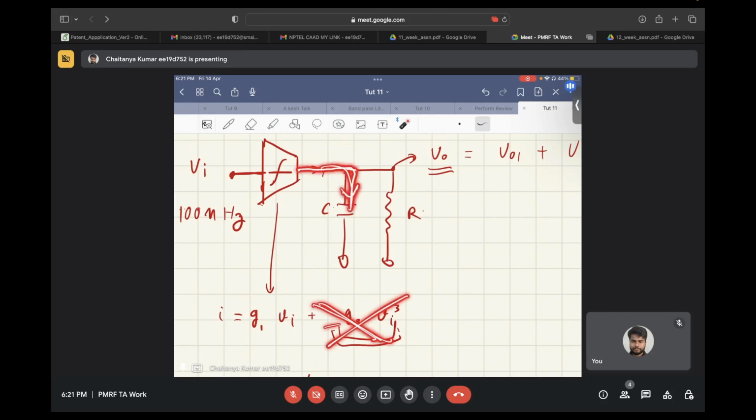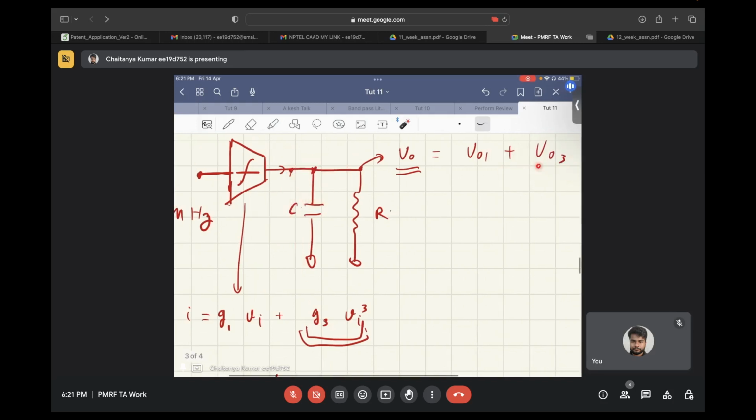This will give you V01. For the second term, you need to remove this term completely and inject G3 Vi cube over here, and see when this flows into this parallel RC network, you will get V03.